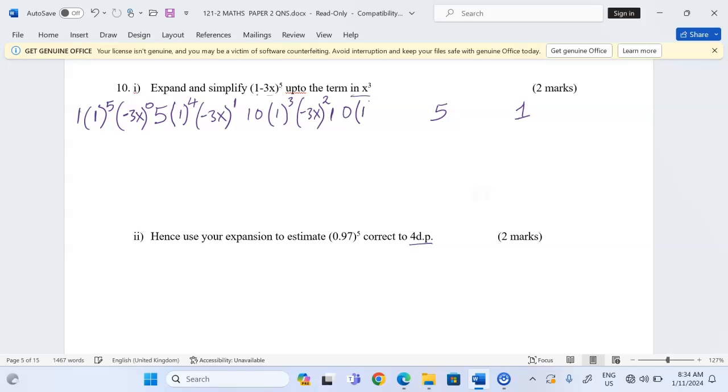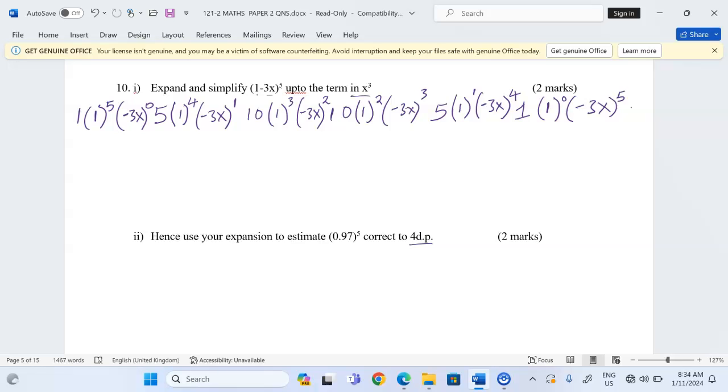Then 1 goes to power 2, and negative 3x takes power 3. In this term, 1 goes down to power 1, and negative 3x takes power 4. And finally, 1 takes power 0 and negative 3x takes power 5. Now we can expand and raise to the given powers.